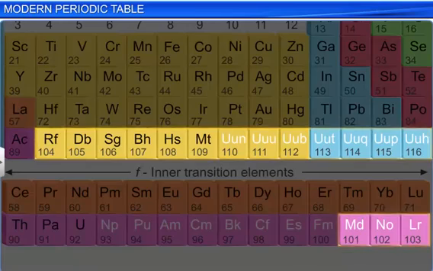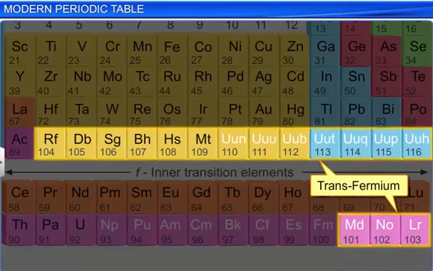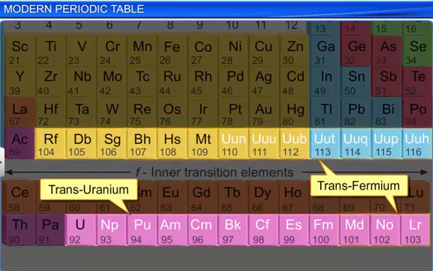The elements after fermium are called transfermium elements. Both transuranium and transfermium elements are man-made elements synthesized in laboratories using costly and sophisticated equipment.